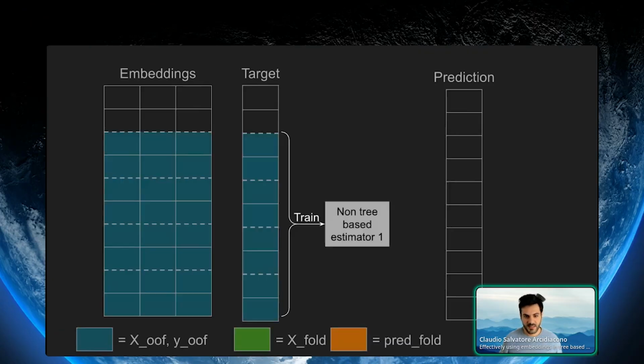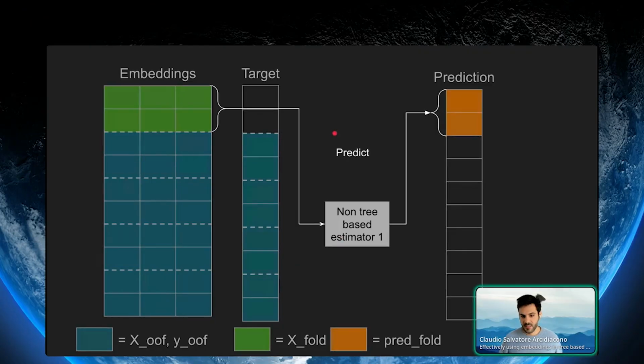Once I've done it, I'm going to start from my first fold, in this case fold number 1, and take all the other folds, the remaining 4 folds, and use data from them to train my non-tree based estimator. At this point I have a model for which I've seen only the remaining 4 folds, and I'm going to use it to predict using data from the first fold.